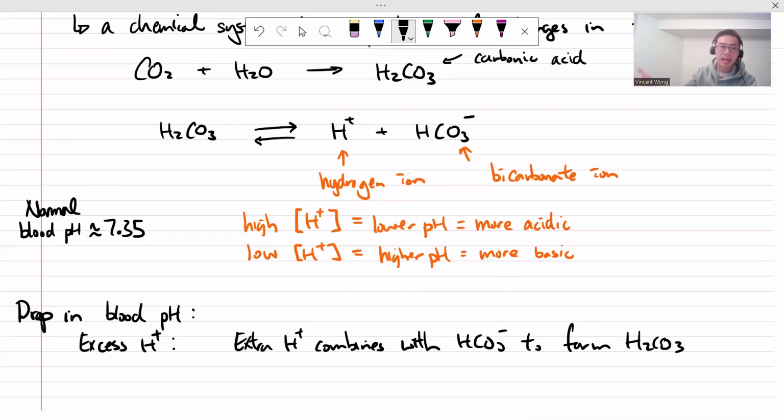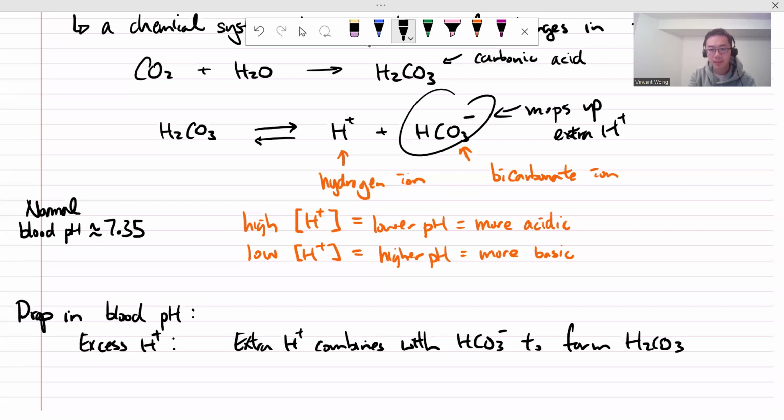And then it will put it in the form of H2CO3. And that clears the excess H plus and it brings the blood pH back to normal. Okay? This mops up extra H plus.